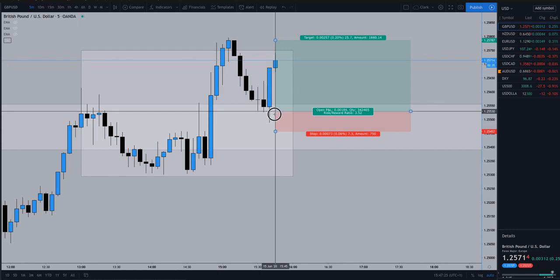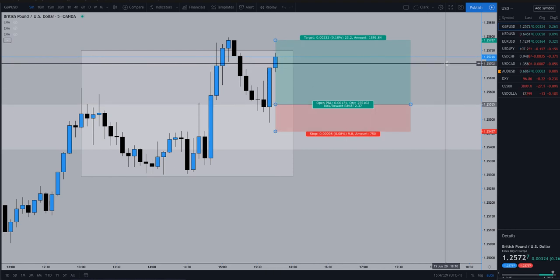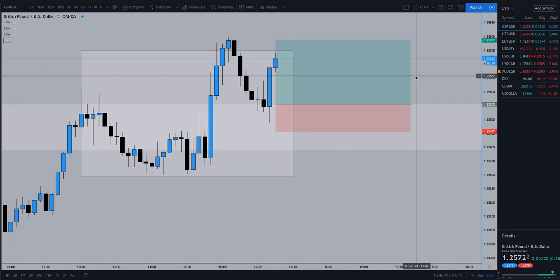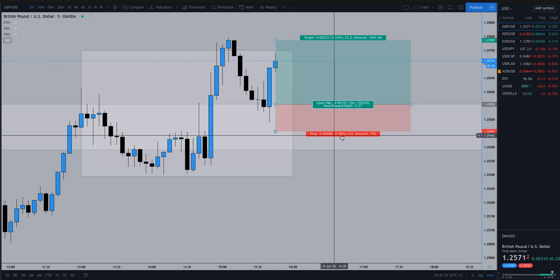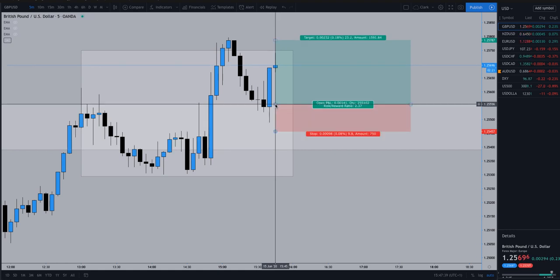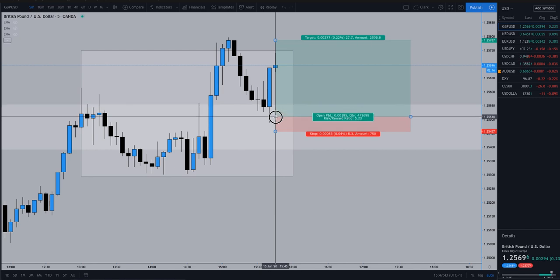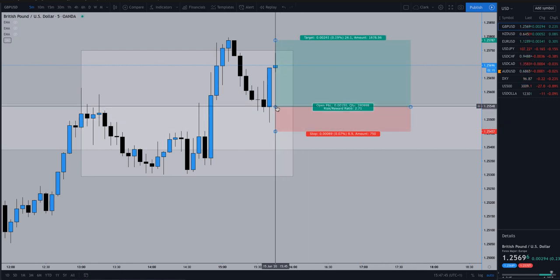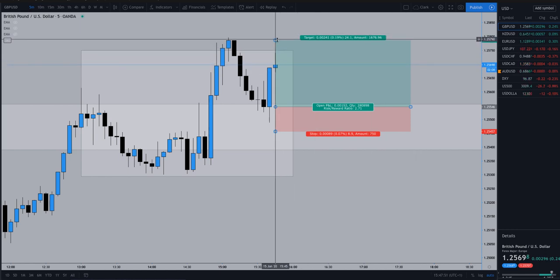Either way, it's just something you would have to practice. Look, this ended up not being a 1-to-4, but say I got stopped out and re-entered on the way back up, it's 1-to-2, it's still probably going to hit that target.